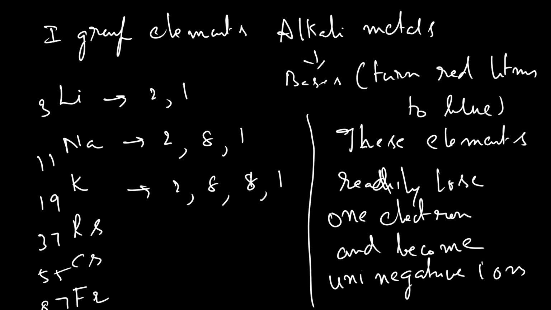Therefore, the valency of alkali metals is +1.